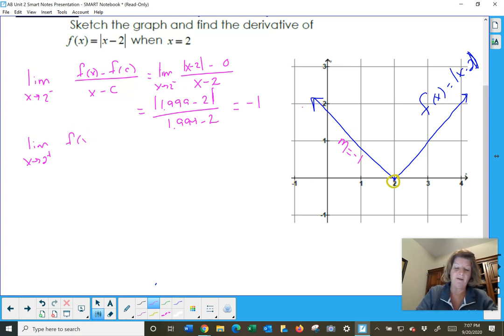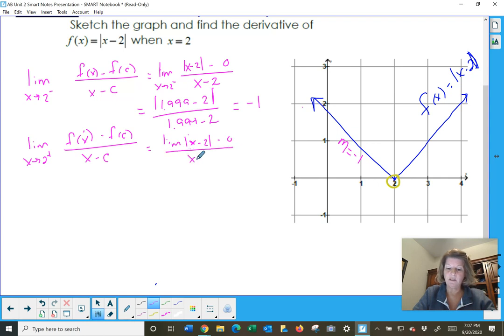Here, if I do f of x from the right side minus f of c over x minus c, I would have the limit of absolute value x minus 2 minus 0 over x minus 2.